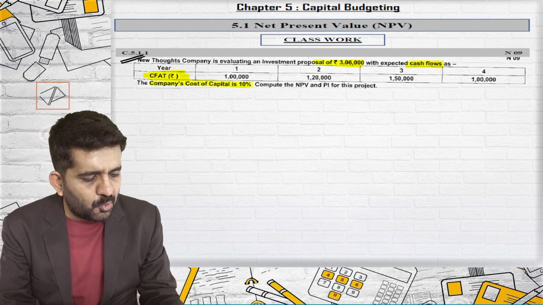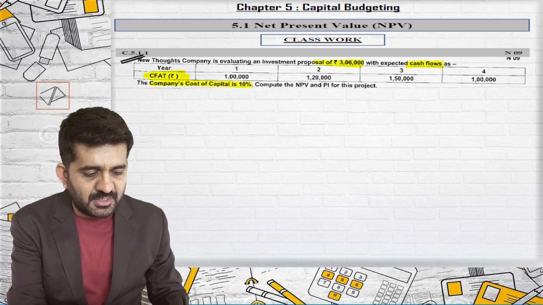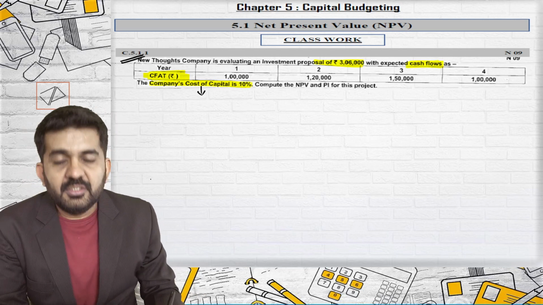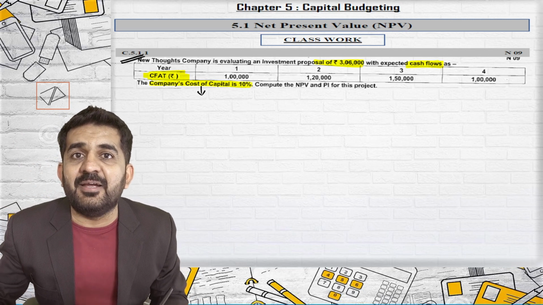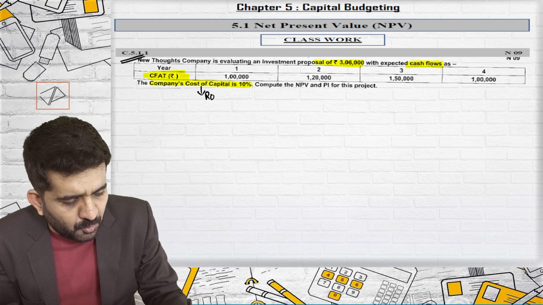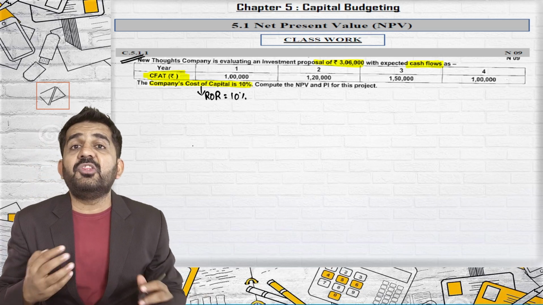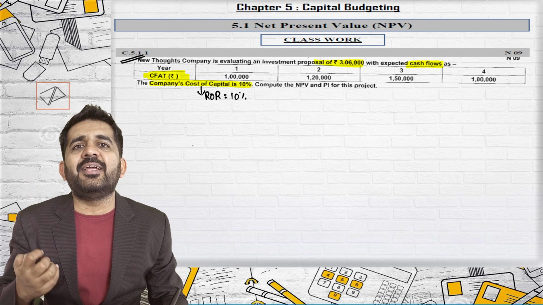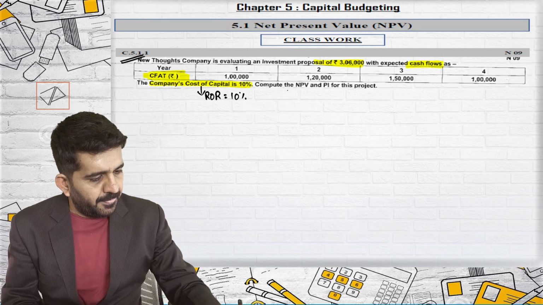The company's cost of capital is 10%. Try to understand what this also means. This means if the company's cost of capital is 10%, its minimum required rate of return is also 10%. If nothing else is given, you can take cost of capital as your required rate of return.